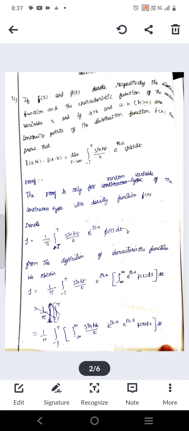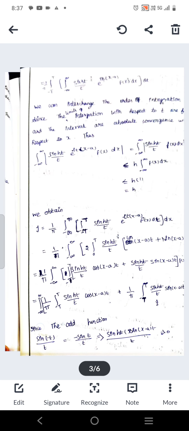We substitute that, and in the next step this integral goes outside like this: minus infinity to plus infinity, sin(ht) by t, e power minus ita, e power itx, f of x dx dt.